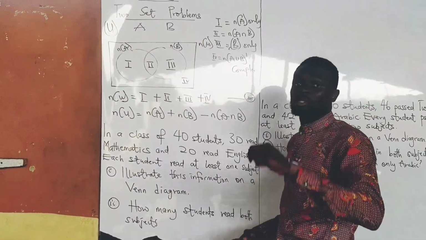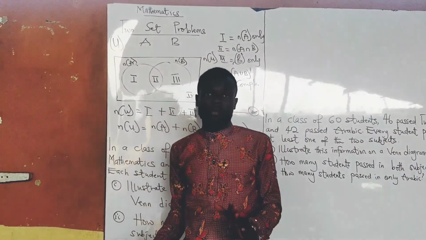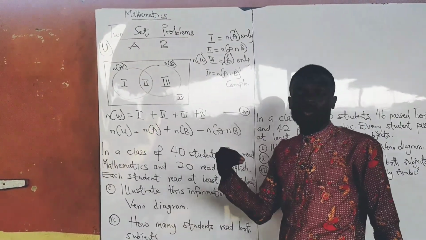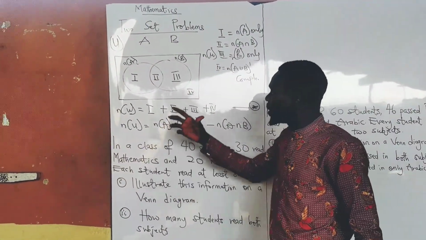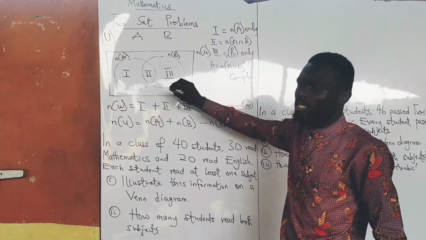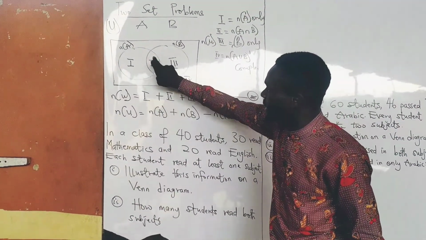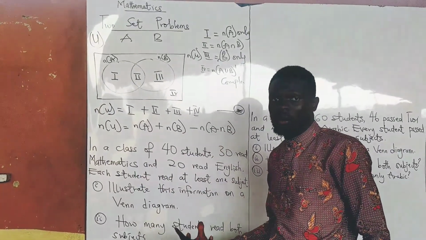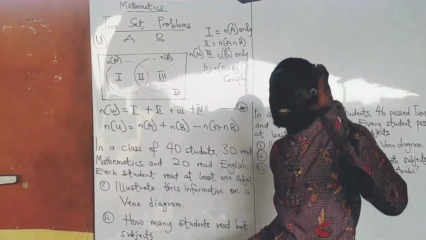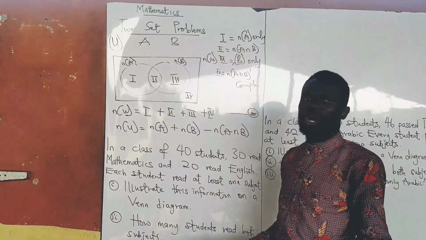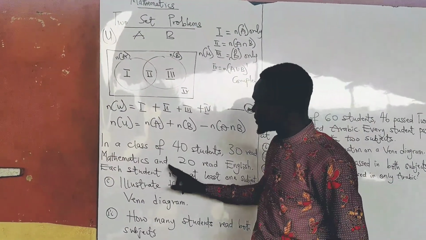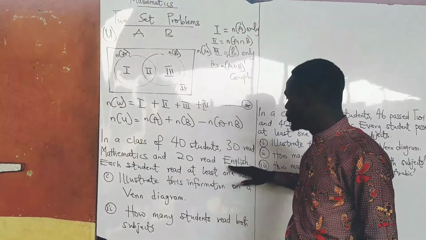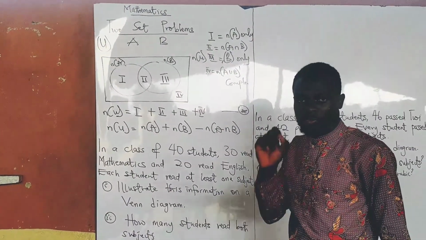Anytime you have to answer a question on a Venn diagram, we first list our data based on what we are working with. On the Venn diagram, we are not going to write mathematics or English in full, but we'll shorten them with their first letter.